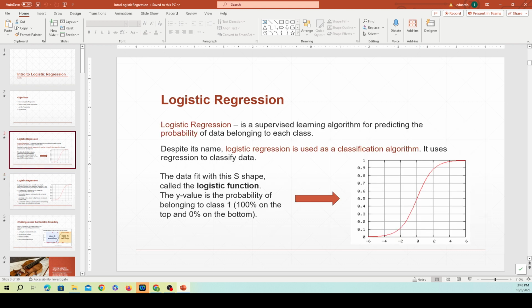Okay, so we mentioned, let me go back a little bit, that logistic regression is a supervised learning model or algorithm. Remember, a supervised learning algorithm is like a teacher. Imagine that you have a teacher teaching a child what an apple is, right? So it's showing them based on data, hey, this is an apple.